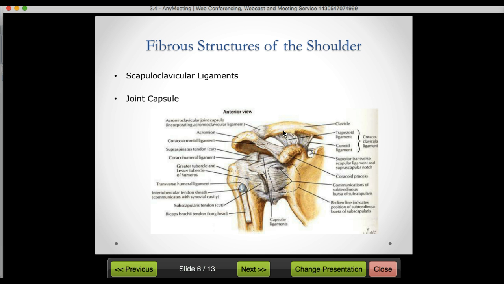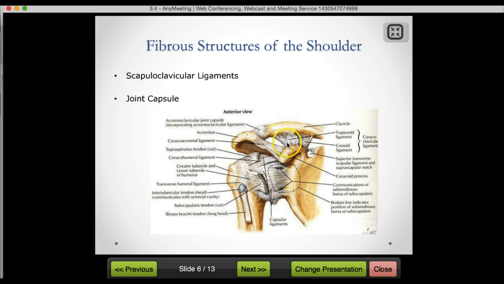It keeps it from popping up. And if you've ever seen somebody separate their shoulder or break their clavicle, you'll see the clavicle shoot right up, and that's because they've torn these ligaments here. There are actually two ligaments that form the scapulo-clavicular ligament, and that is the trapezoid ligament right here and the conoid ligament, but most often referred to as the scapulo-clavicular ligament.